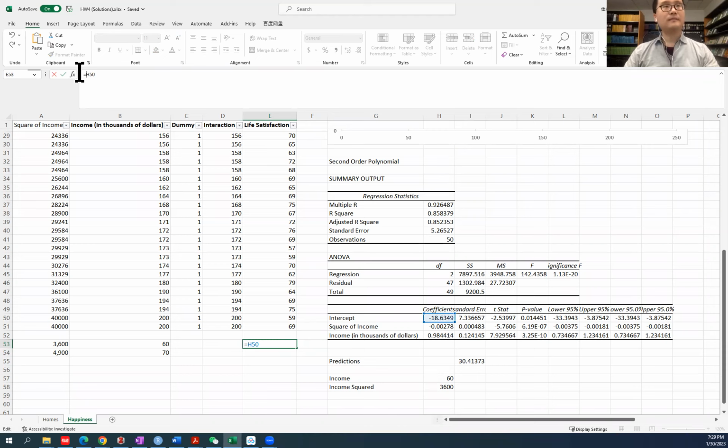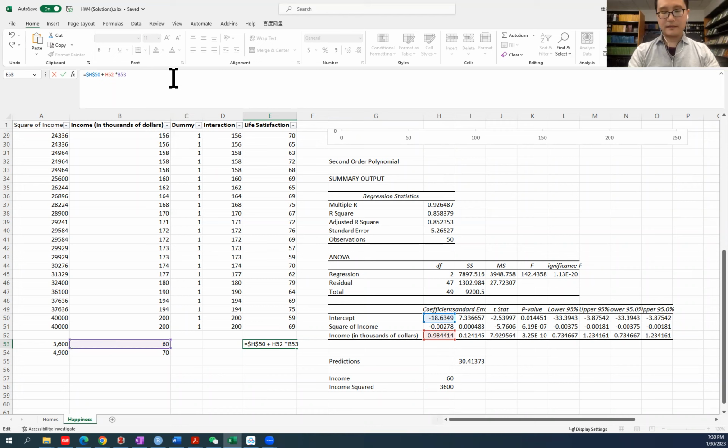output. Because we need to continuously use it, we should use absolute reference by using the $ sign. This is income. Then we need to calculate what each of the coefficients represents. In this model, it tells us that for income, the coefficient is 0.98. Using this coefficient, we need to multiply it by income alone. This is the income in thousands of dollars.